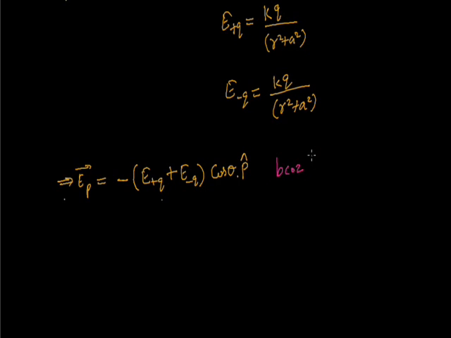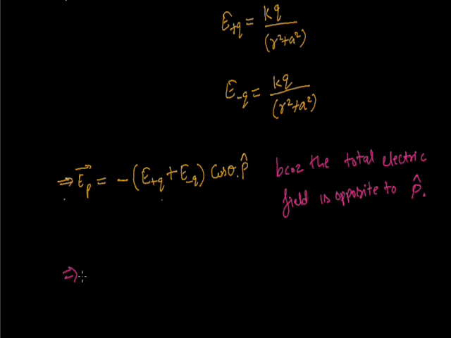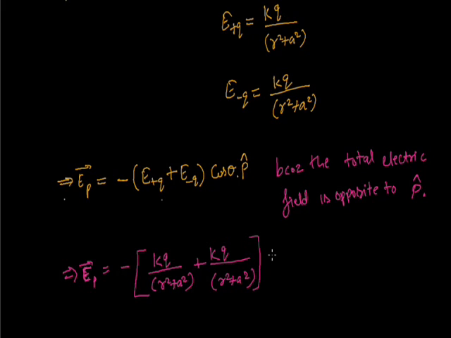Because the total, or resultant, electric field is opposite to p cap, the same will be given as E P vector equal to minus kq upon r square plus a square plus kq upon r square plus a square, into cos theta, p cap.